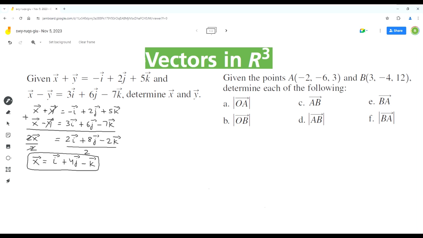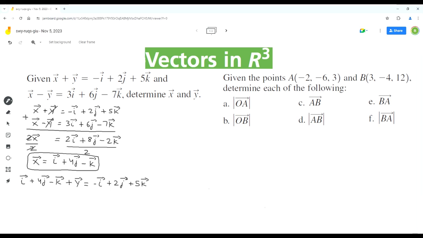So I'll sub in vector x as i plus 4j minus k in the first equation, plus vector y. So this is the equation we get after substituting x as i plus 4j minus k in the first equation.